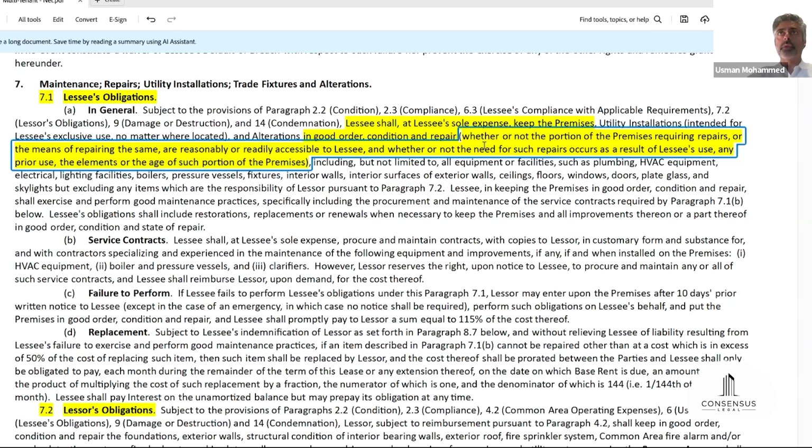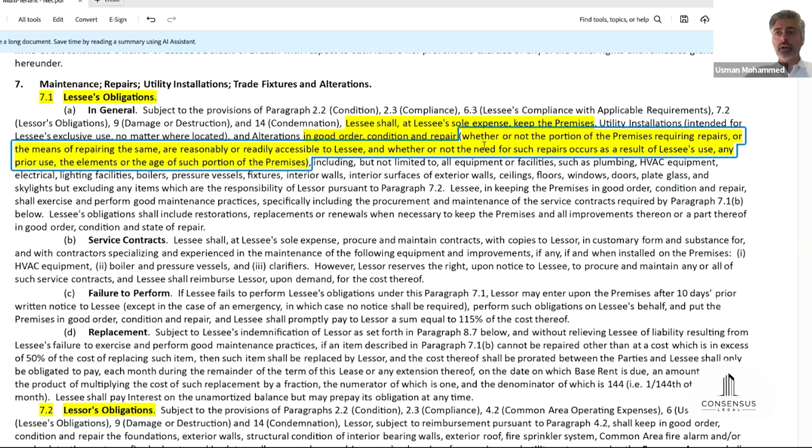Whether or not the portion of the premises requiring repairs or the means of repairing the same are reasonably or readily accessible to lessee, and whether or not the need for such repairs occurs as a result of lessee's use, any prior use, the elements, or the age of such portion of the premises.